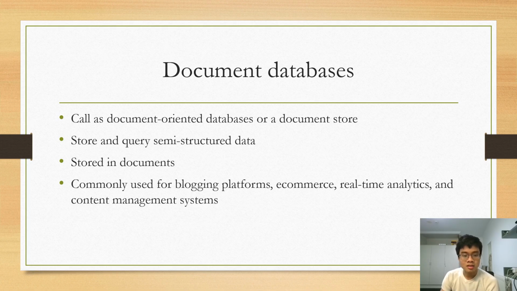It stores the data in document form. Each document is typically a nested structure of key and value. The value can be atomic data type or complex elements such as a list, array, nested object, or child collection. It's commonly used for blogging platform, e-commerce, real-time analytics, and content management system.